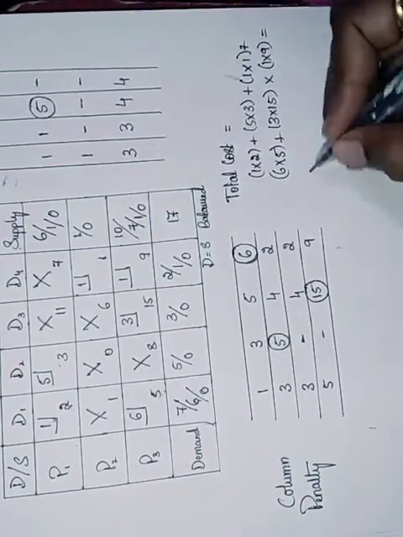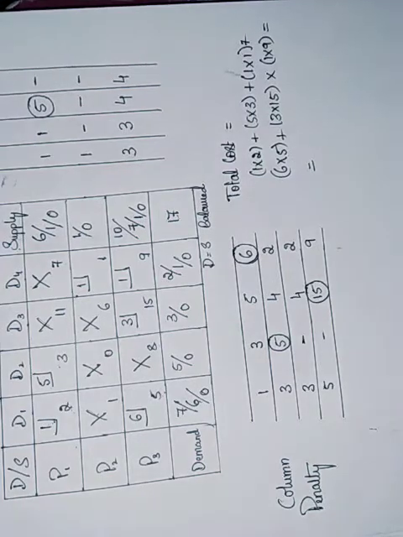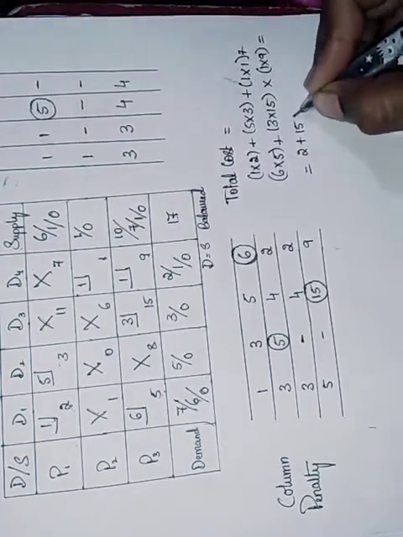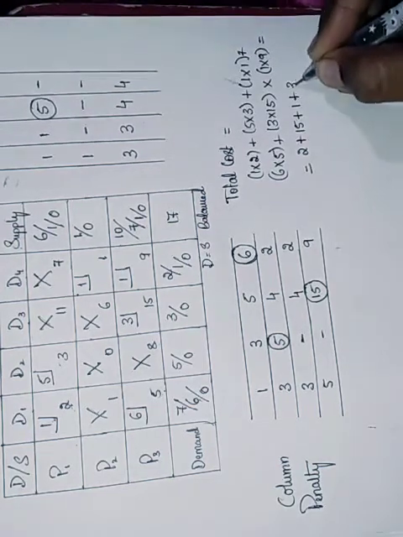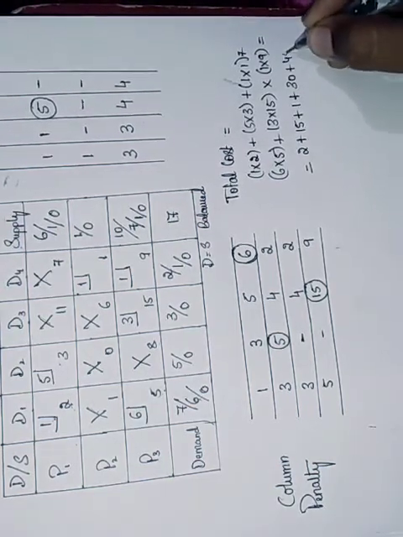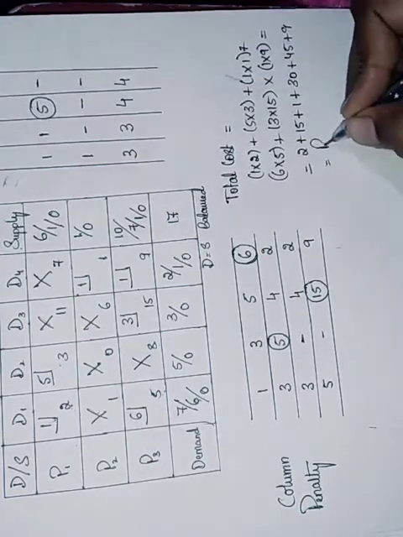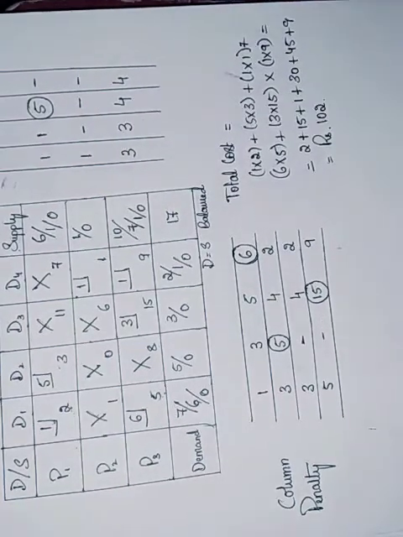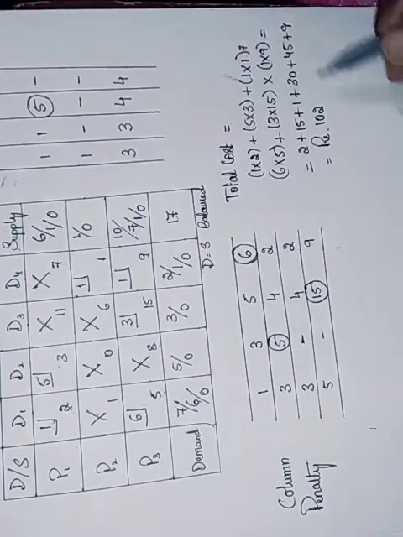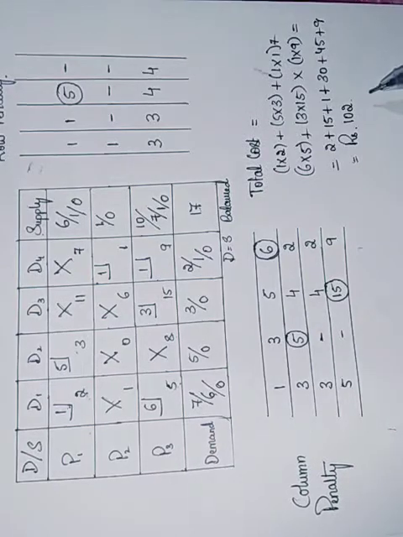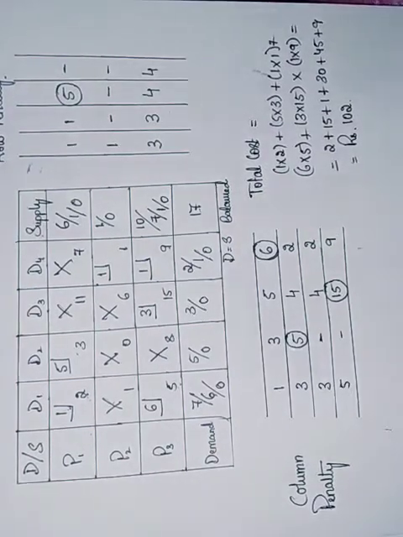So how much will be the total cost? 2 plus 15 plus 1 plus 30 plus 45 plus 9. So that is equal to rupees. So the total cost is equals to 102 rupees. So in this way we are going to solve the problems on the basis of Vogels approximation method.